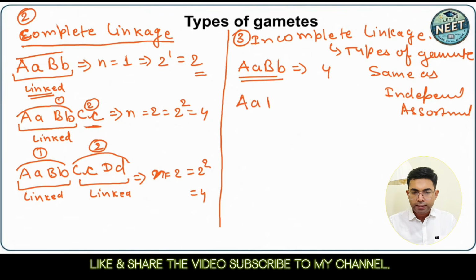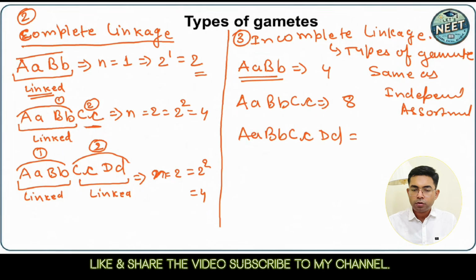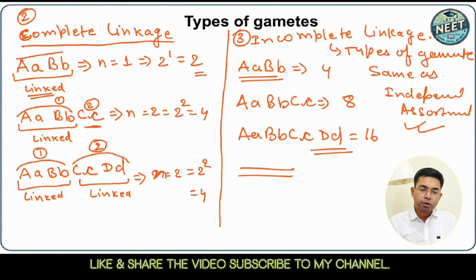Even if they are incomplete linkage, the types of gamete will follow the simple 2 to the power n formula, and here 2 to the power 4, right? So it will be 16. So remember this, right? In incomplete linkage, types of gamete are the same as in independent assortment. Complete linkage, they are different.